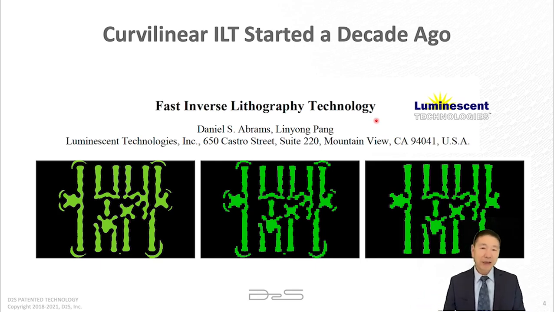Then in 2006, at SPIE, our CTO Dan Abrams and I presented a paper called Fast Inverse Lithography Technology. This is considered a milestone ILT paper, and it's also the most quoted ILT paper. You can see those curvilinear mask patterns, and also that we are trying to simplify them so that they can be written by a VSB mask writer.